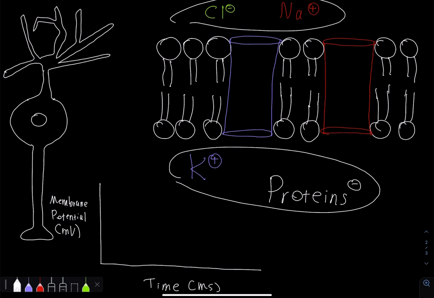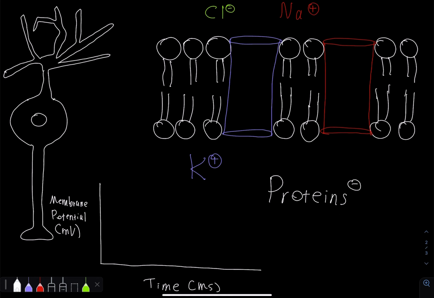If we have a lot of negatively charged proteins, this is going to be negative. So when the neuron is not doing anything, the resting membrane potential is negative 70 millivolts. When we're at rest, it's negative 70.